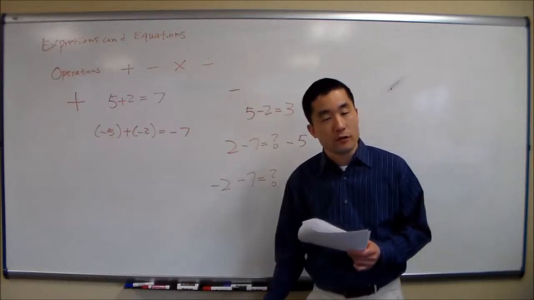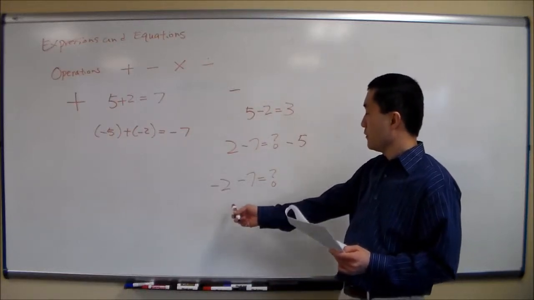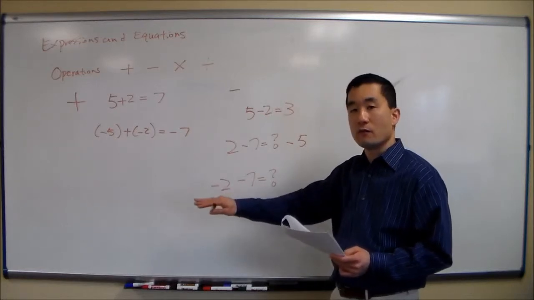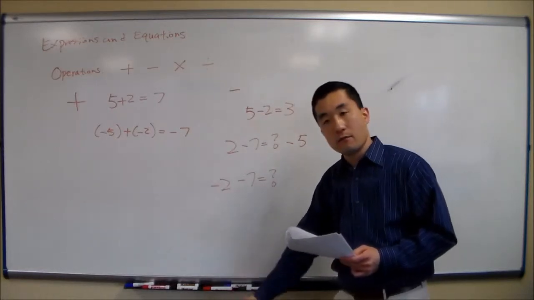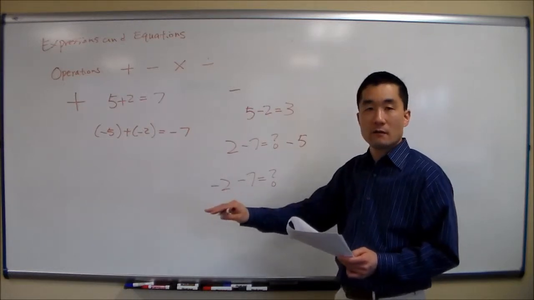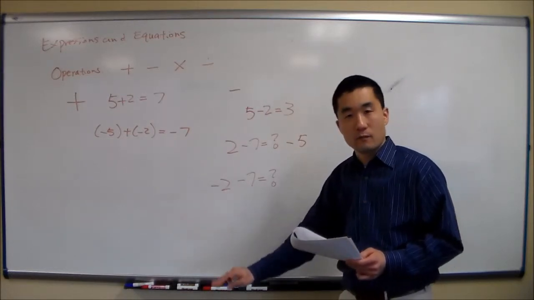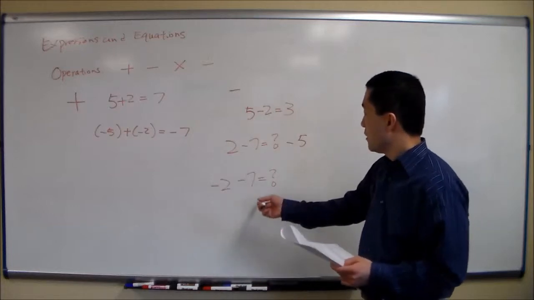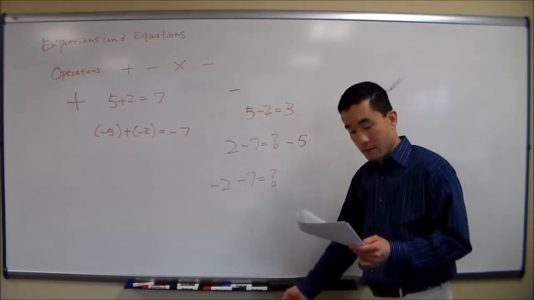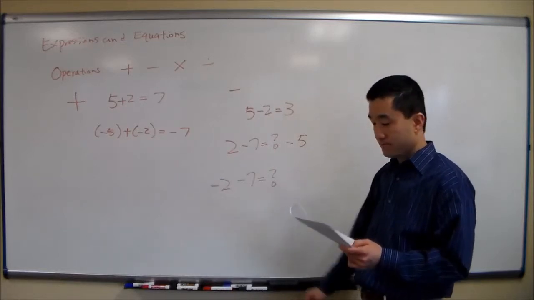Well, then that's a little tricky. Again, if you think of it in terms of an elevator, -2 means you're at the ground level, go 2 floors down. And then -7 means go 7 floors in addition to that. So at the end of the day, you're at 9 floors down into the ground. So that's -9.